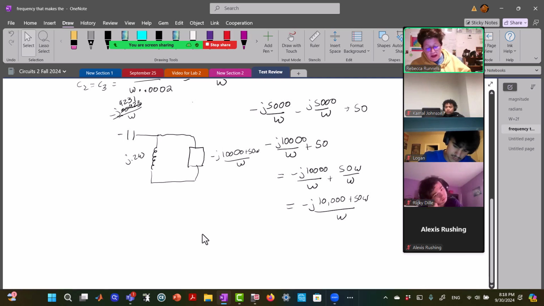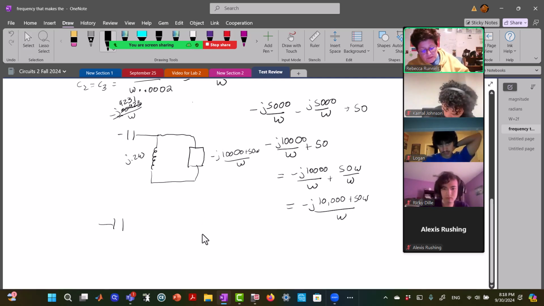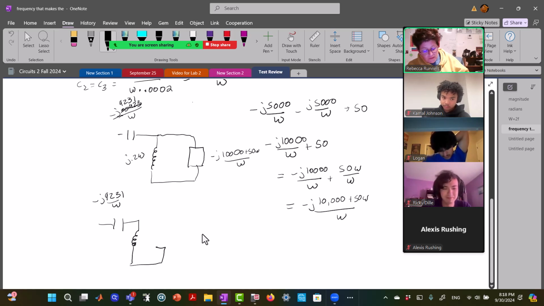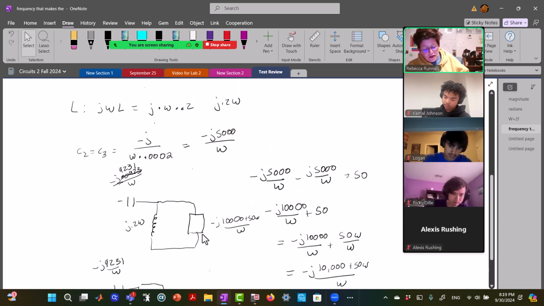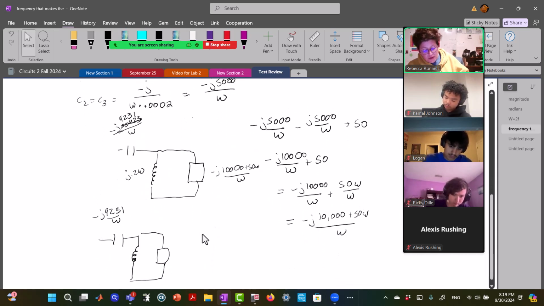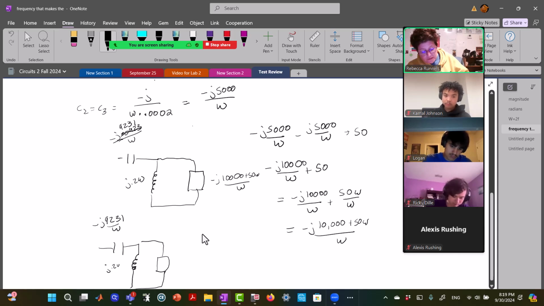So now what we have, I'll write it neater. We have minus j 9231 over omega, and we have j 0.2 omega, and then this one is minus j 10,000 plus 50 omega over omega.